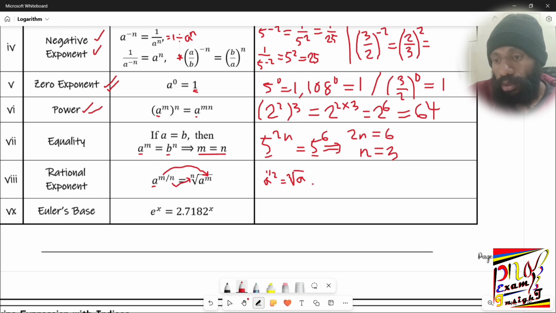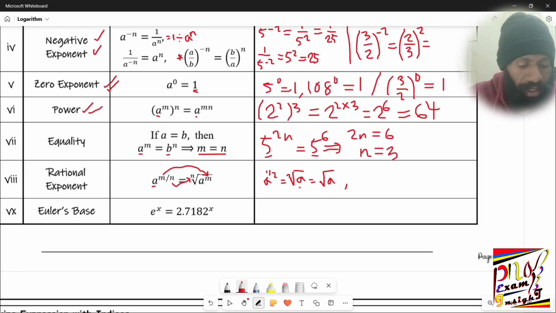For a square root, we don't write a second root there, we just put the root sign. So you can see here, root of a. Any base raised to the half power is a square root. Any base raised to the 1/3 is a cube root, and any base raised to the 1/4 is a fourth root, fifth root, and so forth.